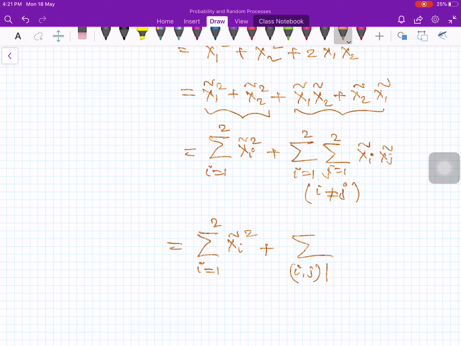So this I can write as sigma i is equal to 1 to n, instead of 2 I have n here, xi tilde squared plus the sum over all possible pairs i comma j such that i is not equal to j, xi tilde xj tilde. I'm sorry, here I forgot to put the expectation E here.